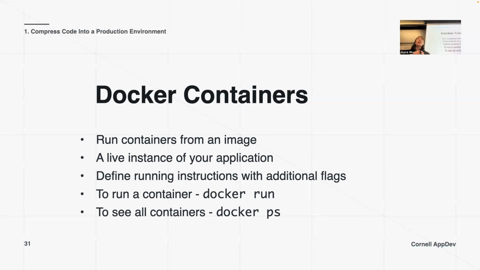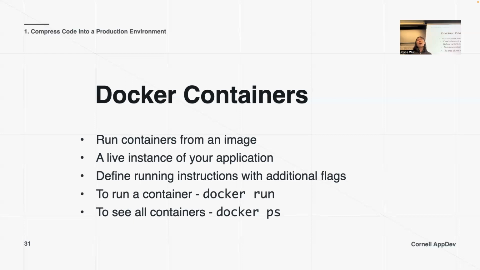The container contains all of the bare minimum essentials you need to actually run your app, which is another reason that makes this process a lot more lightweight than running virtual machines as we've seen in the past. We can define running instructions for a container with additional flags that you might enter in the terminal. And below are some commands that you can see to actually run these containers. But again, that'll be covered a little bit more in depth in the demo itself.